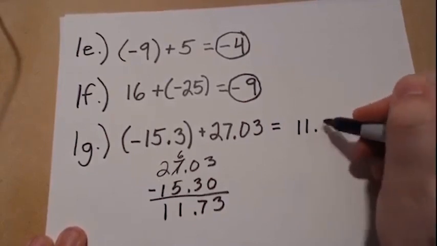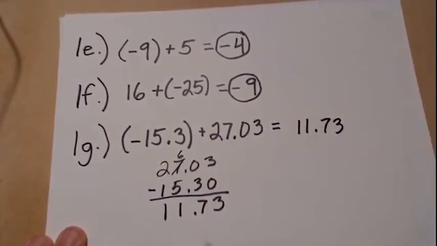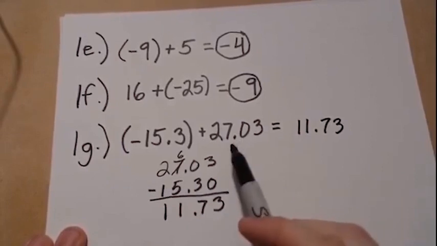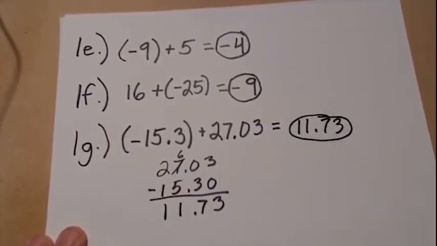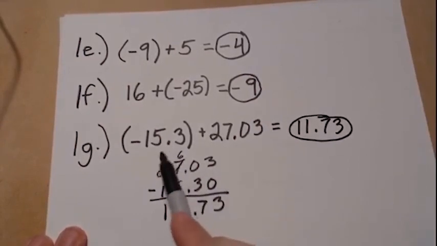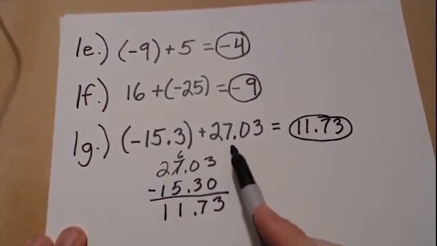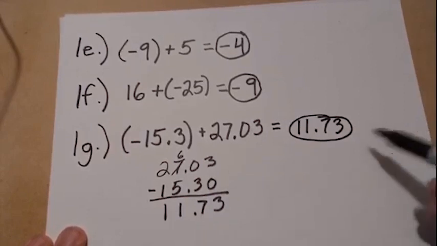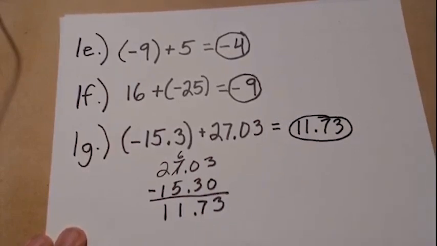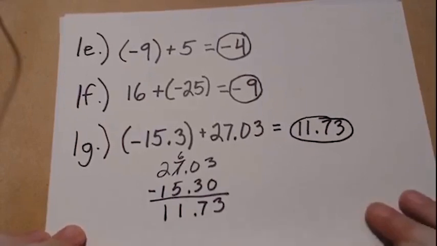We get 11.73. The larger absolute value came from the positive number, so our answer is positive. And again, that makes sense. If we're at negative 15 or so, and we're moving to the right about 27, that's going to move us right past 0 and into the positive numbers.